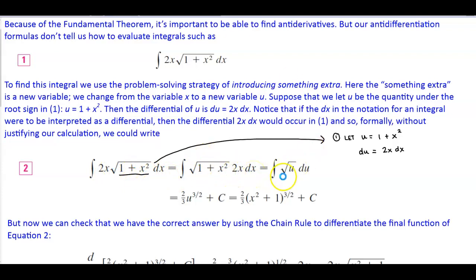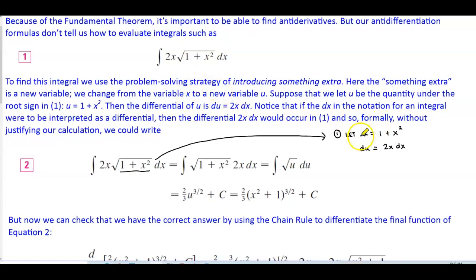And so what do we know? Well, there's a couple things that we know. One of them is that u is equal to 1 plus x squared. So knowing that u is equal to 1 plus x squared, you can see here that this 1 plus x squared underneath the radical now becomes u.